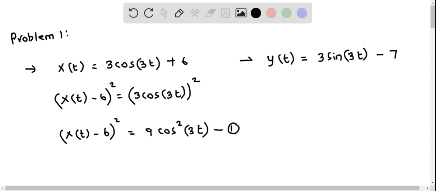Now let's write this equation as y of t plus 7 by adding 7 to both sides. And so y of t plus 7 equals 3 sine 3t. Now let's square both sides.